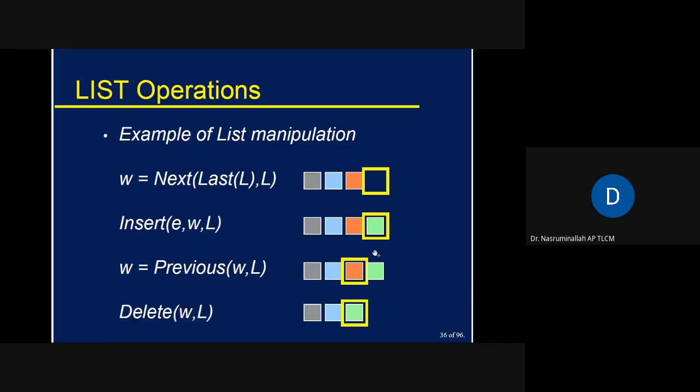And if we perform a delete operation over the existing window location, the existing window location is over the orange element. So if you perform delete, the orange element will be deleted. So the element at the right of the orange element will take the place of the orange element, and the window will be focused on that element which was previously to the right of the orange element.